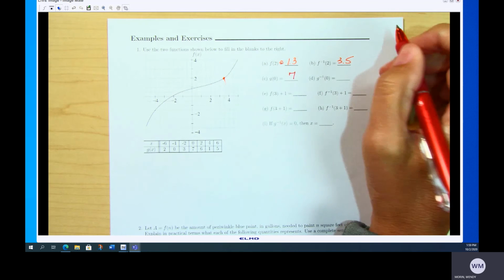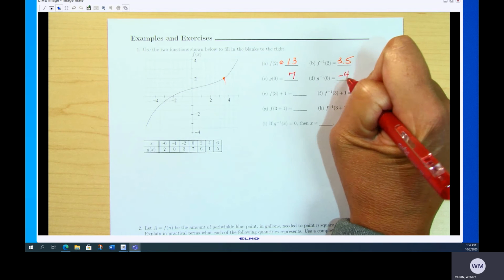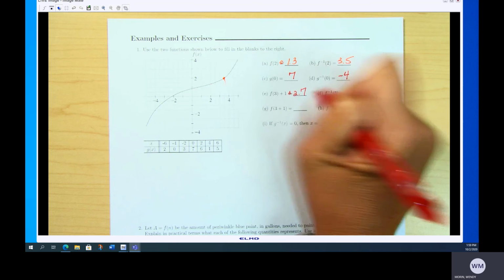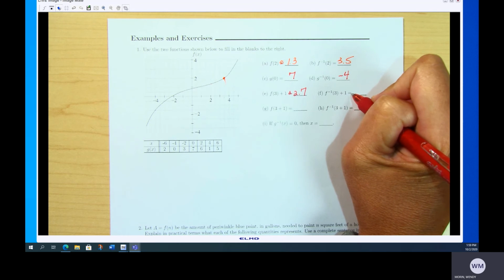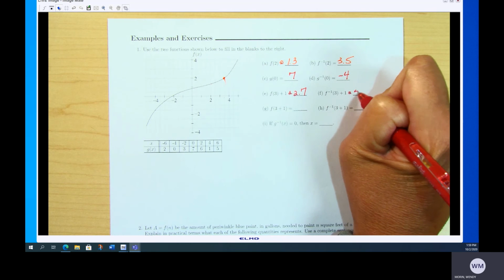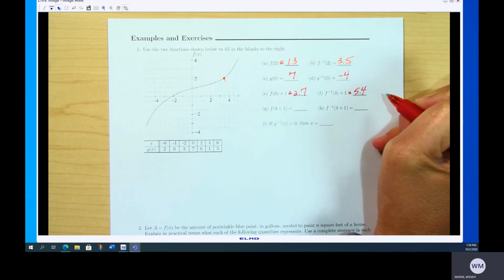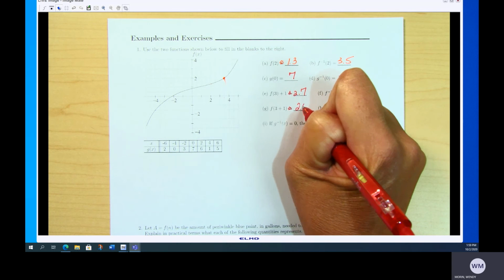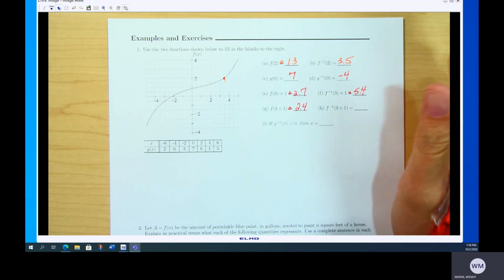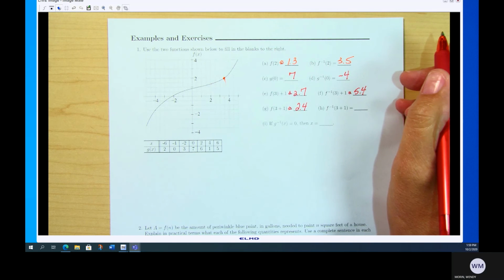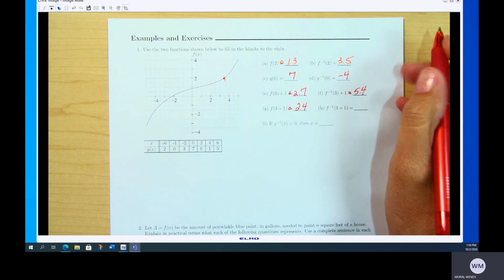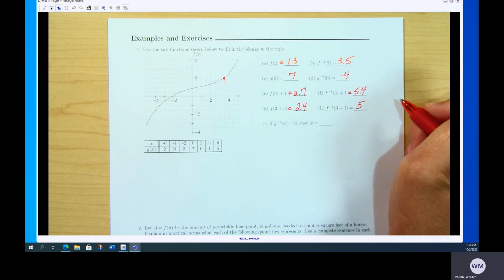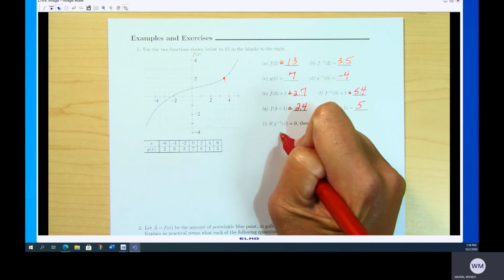C is 7, D is -4, E is approximately 2.7, F approximately 5.4, G, again, we're approximating about 2.4, not quite 2.5, but close enough.